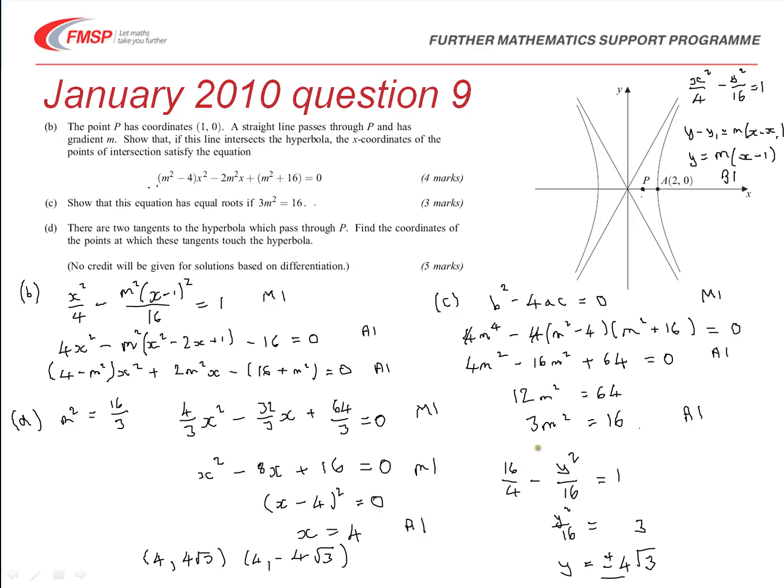We're using an appropriate method then for finding the y value. In my case I use the equation of the hyperbola, and then for stating the 2 correct points that you require will give you the final 5th mark to complete your answer to part D.